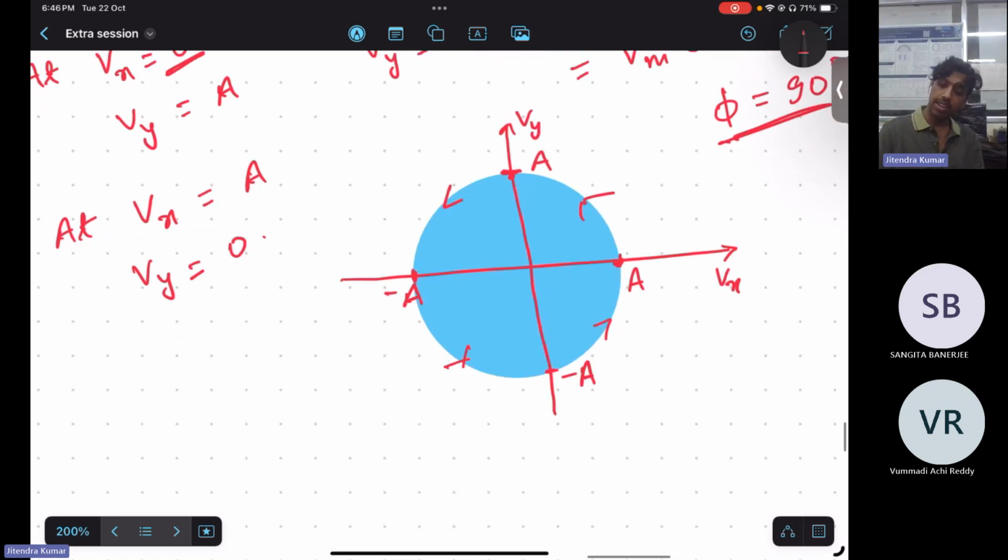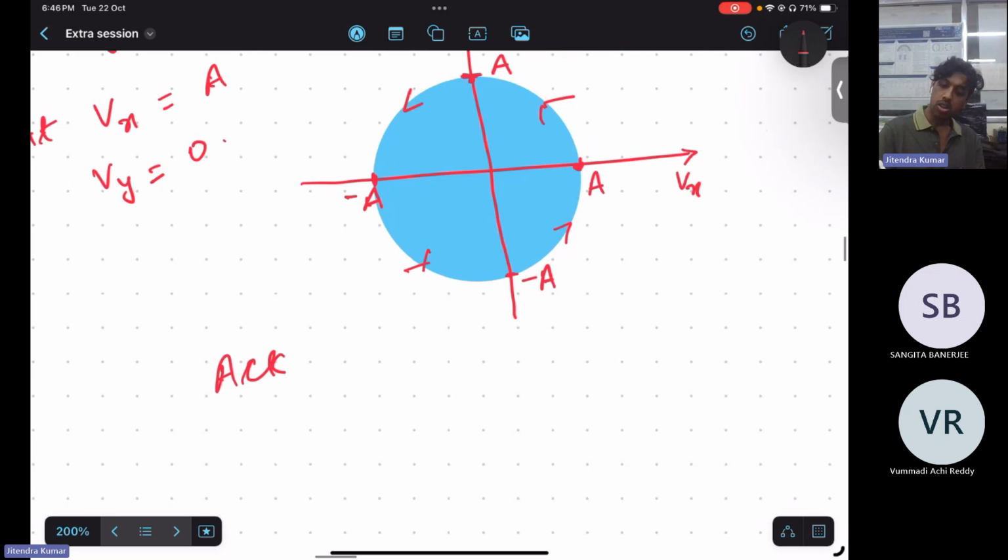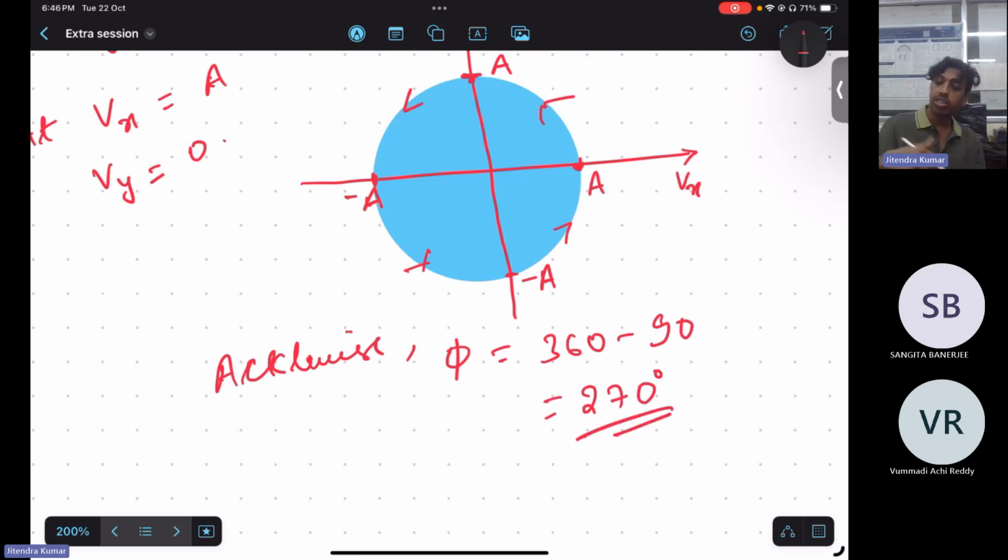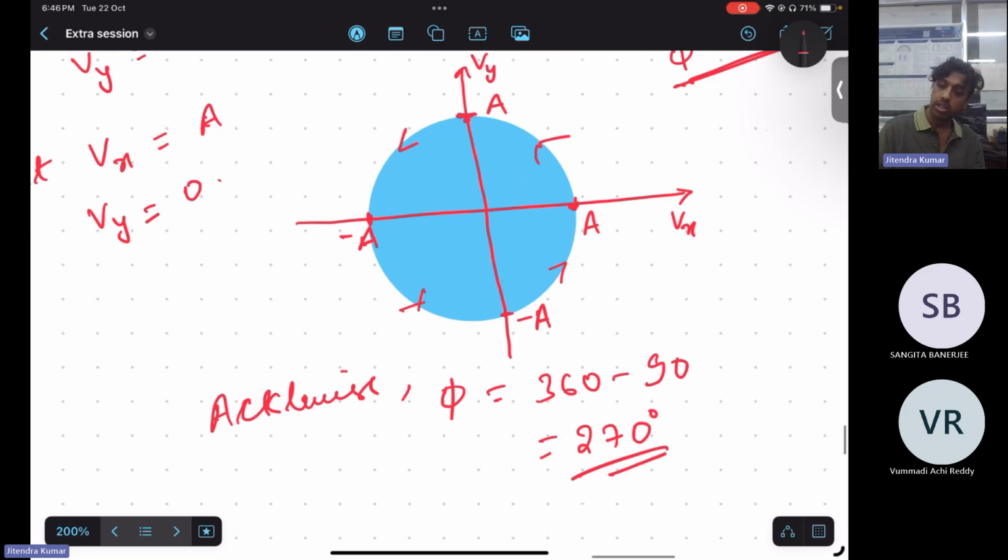So for anti-clockwise, phi will be 360 minus 90, so that is 270. Otherwise, what you could do with respect to time: consider t equal to 0, draw one plot.